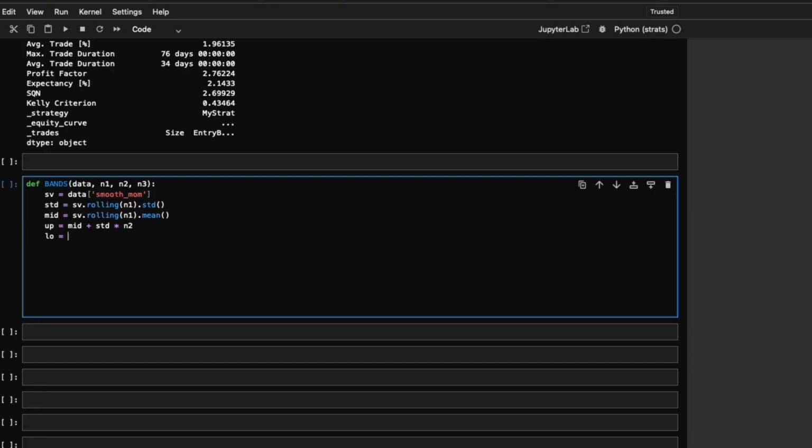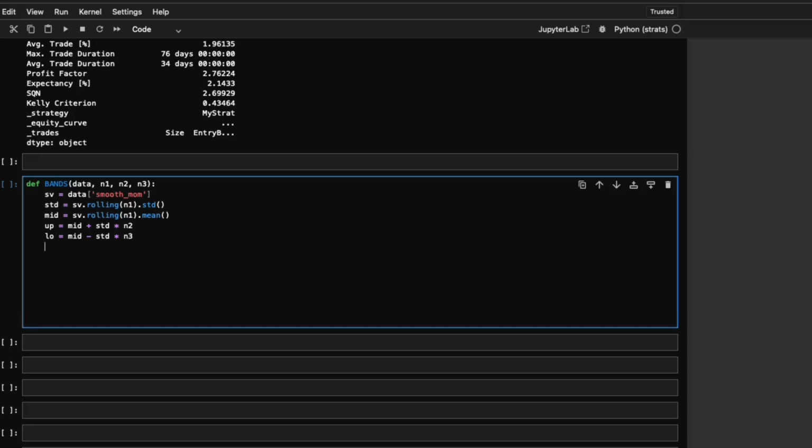And then for our lower band, again we're taking the mid, but this time we're taking off our standard deviation times, it should really be N3, so you can have different standard deviations for each of the different lines. And for our function, I think that's it really. All we need to do, as you would normally for Bollinger Bands, is return the midline, low, and up. I should really do it in the other order, shouldn't I?